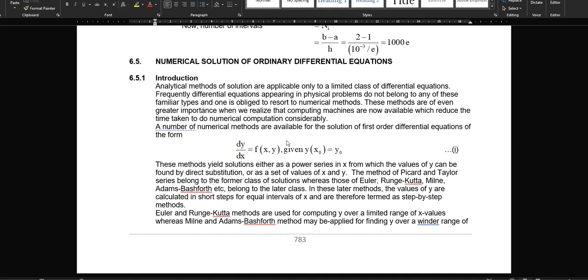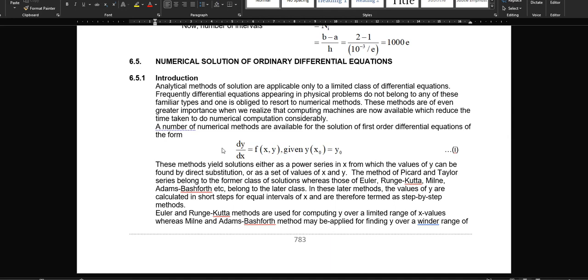Now, if we compare the infinite possibilities of functions, there are only very limited differential equations for which we can actually solve the differential equation. So solving the differential equation by any of the methods that we discussed are analytical methods, and they give exact solutions, or we call them the analytical solutions.